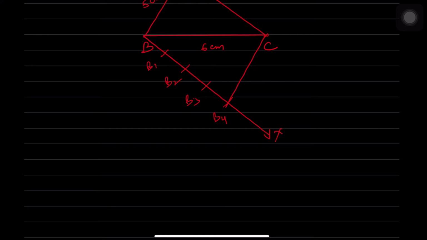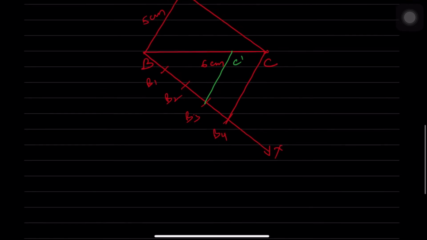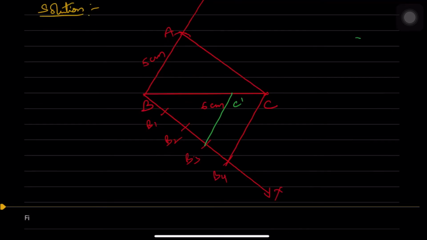A line should be divided in the ratio 3/4, so we draw a line parallel to B4C through B3. This is C dash. Then from C dash, we draw a line parallel to CA, using the set square. This we name A dash. So the required triangle is A dash B C dash.